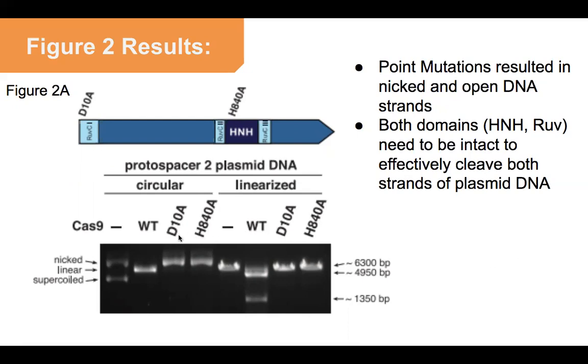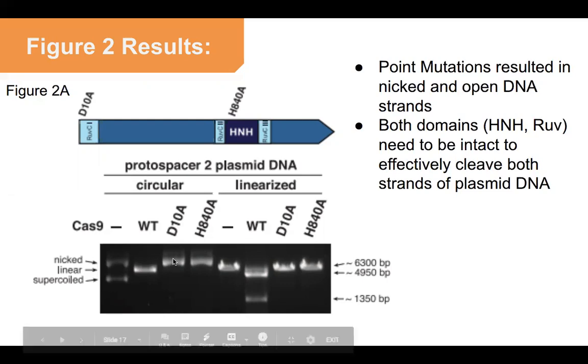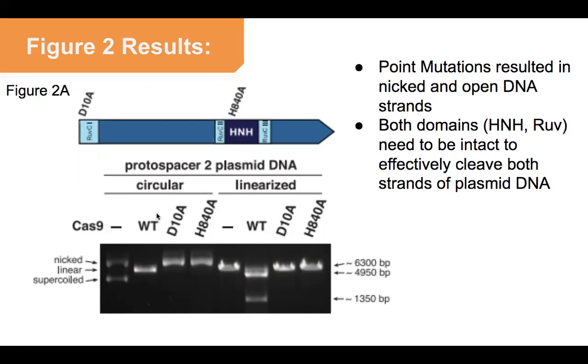If you look at the mutation that has taken place on the aspartic acid, you can see that when it is mutated, and so the RuvC-like domain is ineffective, the resulting DNA cleavage product has been nicked, which means it's open, which means that one of the strands is not being closed, and it's just kind of open to the environment. The same thing happens when you mutate the histidine on the HNH motif.